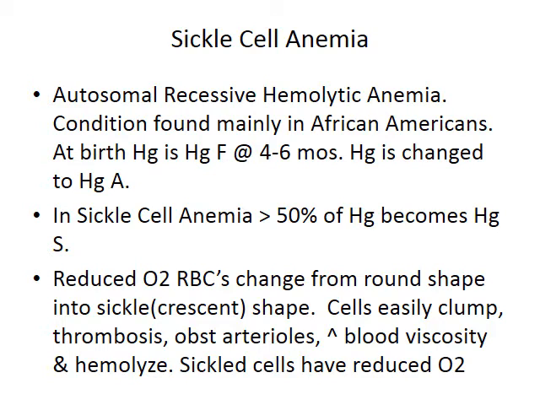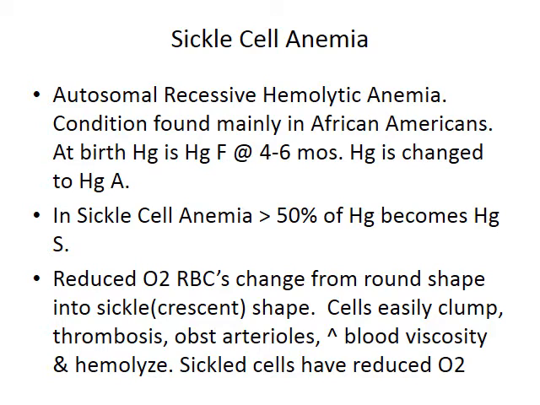Sickle cell anemia, think of those really like crescent moon shaped cells. Those are our hemoglobin S. So we have some nice perfect hemoglobin A that can carry oxygen the way they're supposed to. But in sickle cell anemia, you're going to have these crescent moon shaped cells that are floating around as well.